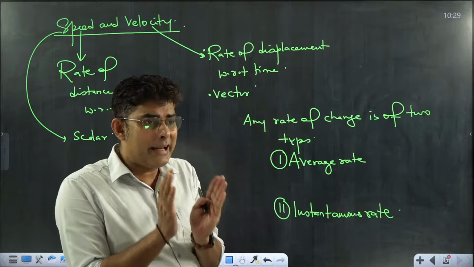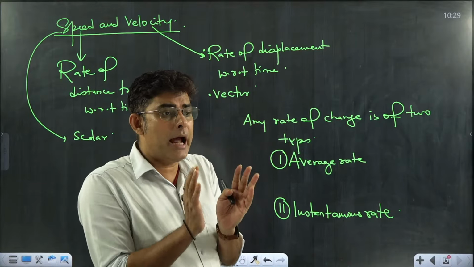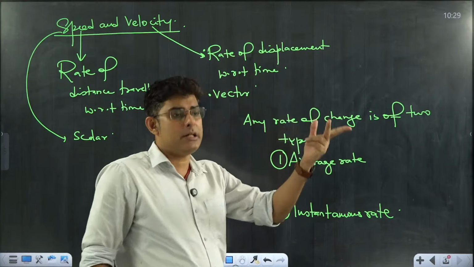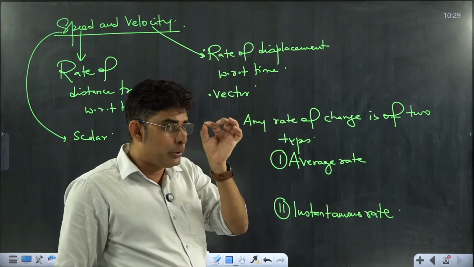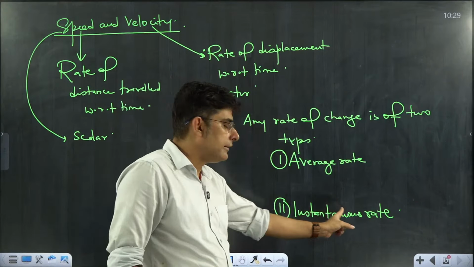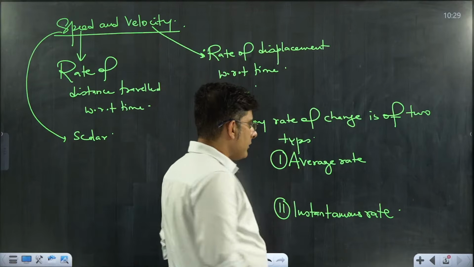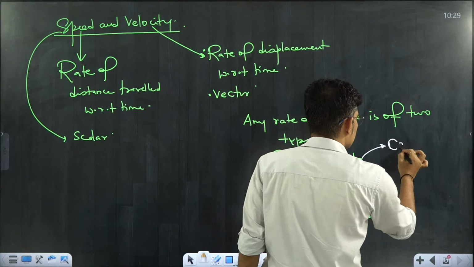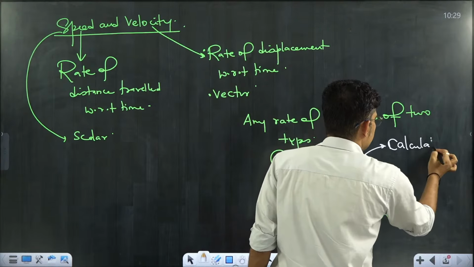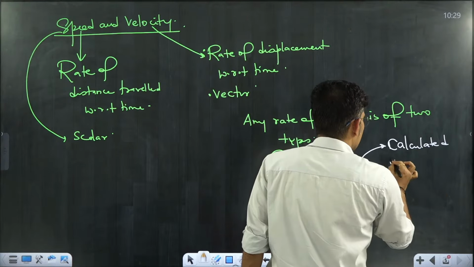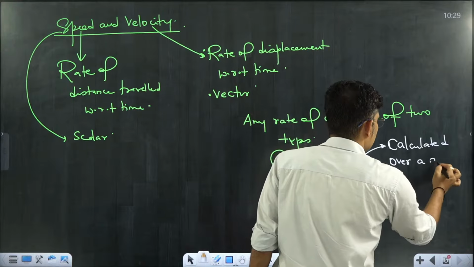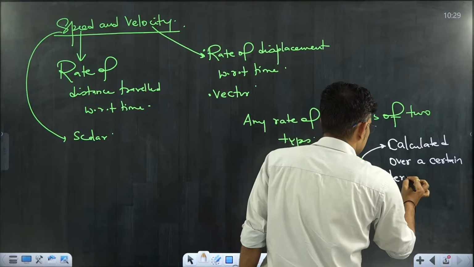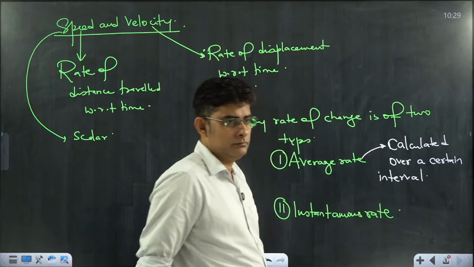Whenever we are finding the rate in a particular time interval, in a gap or interval, then that is called average, on an average. But whenever we are looking at every instant, we call it instantaneous rate. So average rate pertains to the calculation being done over a certain interval.